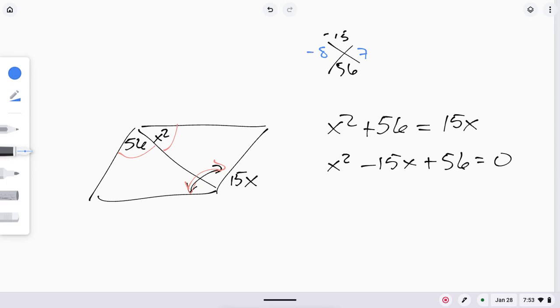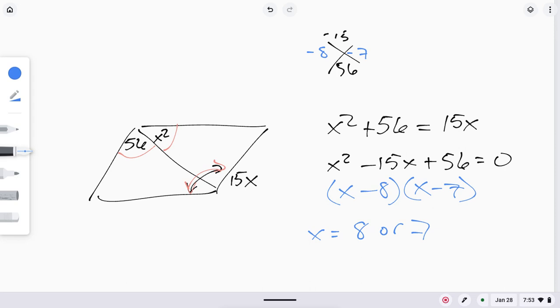I made those marks a little weird, sorry. But that means that I have x minus 8 times x minus 7, and that my answer is 4x, right? X could be 8 or 7, right? So just understand that that's what you're supposed to be doing there.